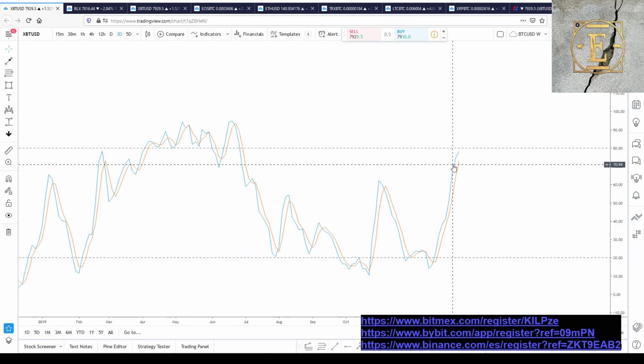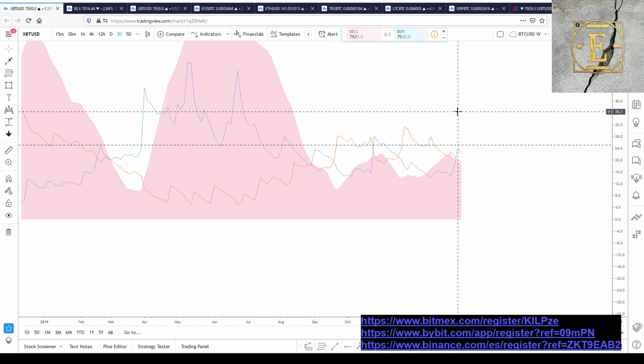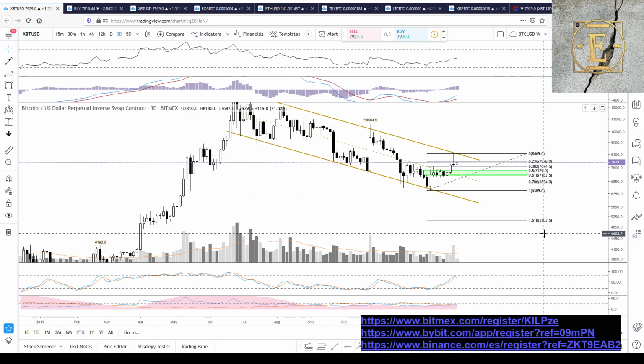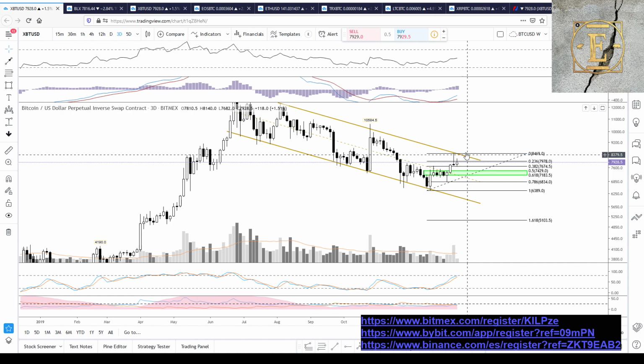The 3-day is almost approaching the overbought level, and ADX DI shows no strength, so careful bulls on this 3-day chart. It's not looking like it's going to break the channel now.